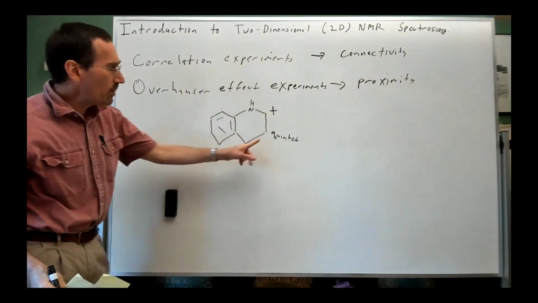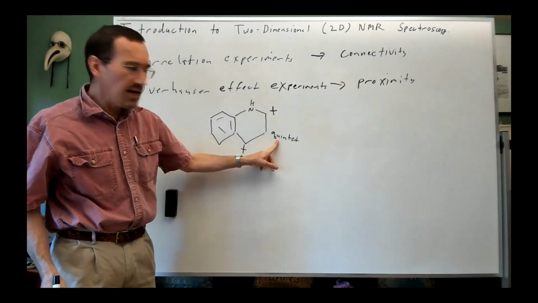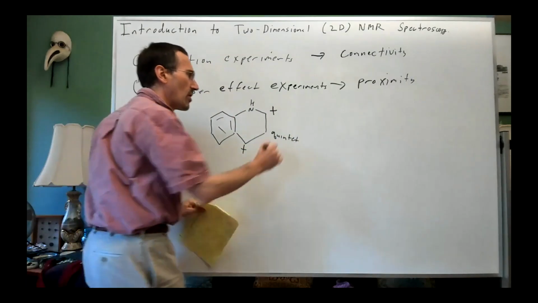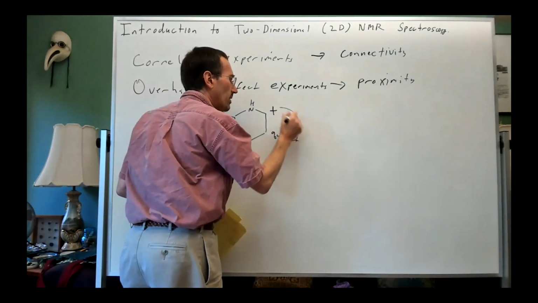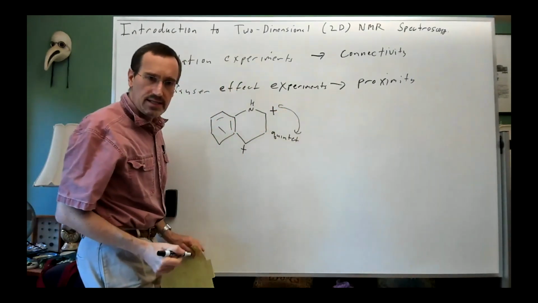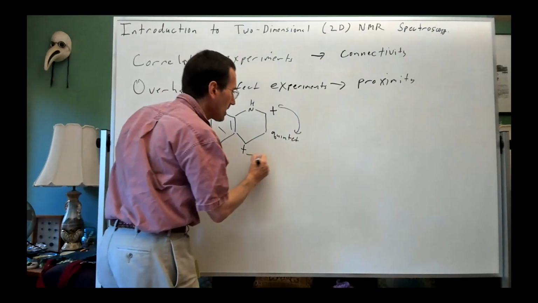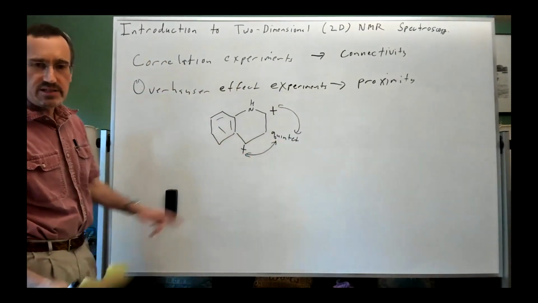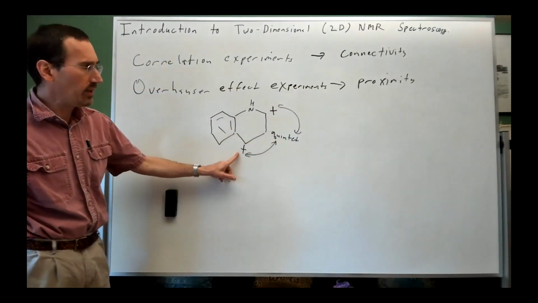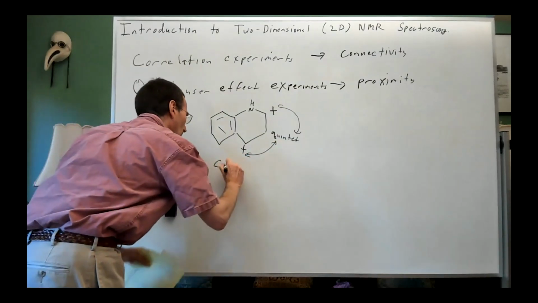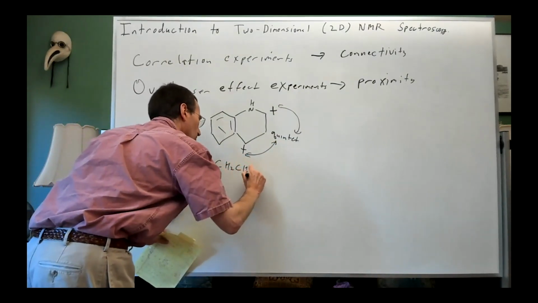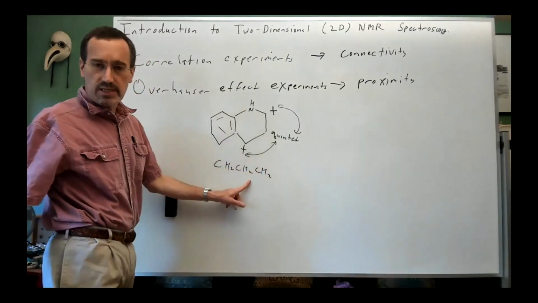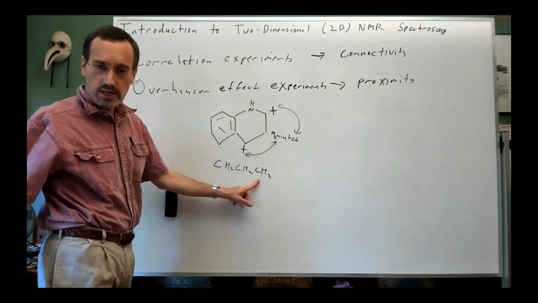Most people were able to infer that the triplet was coupled to the quintet, and this other triplet was coupled to the quintet, because these were the only aliphatic couplings. So most people were able to look at this spectrum and recognize, oh, we have a CH2, CH2, CH2 chain.